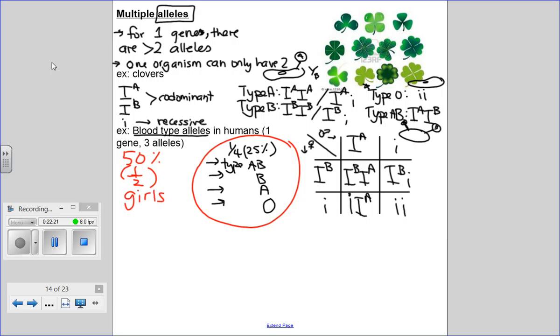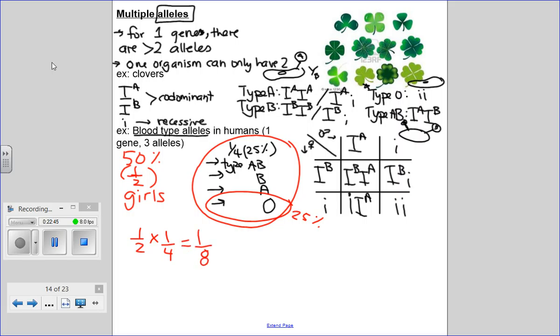What are the chances that she has type O blood? 25%. Does anybody who has taken or is in math know how to combine probabilities? 50% times 25%. So 50% is a half. 25% is a quarter.